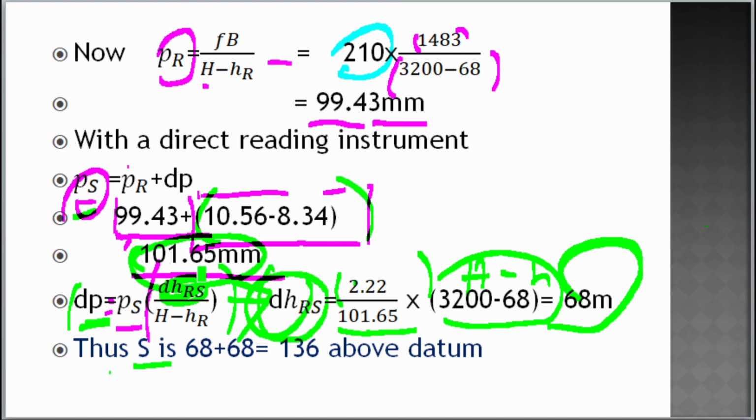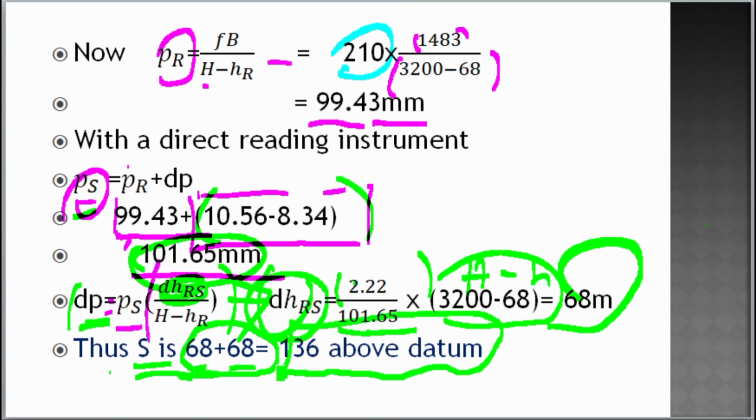That is what I have done there. Addition of those two, the difference in the height and the datum of R, will give me 136 meters above datum, and this is the correct representation and the correct data that we are looking for in our equation.